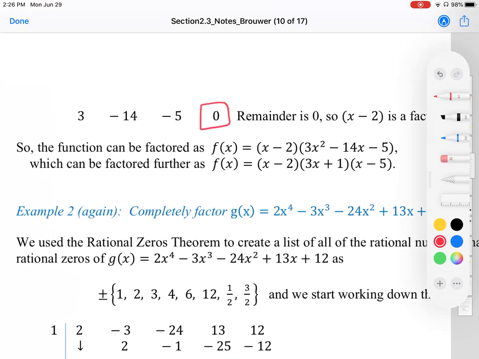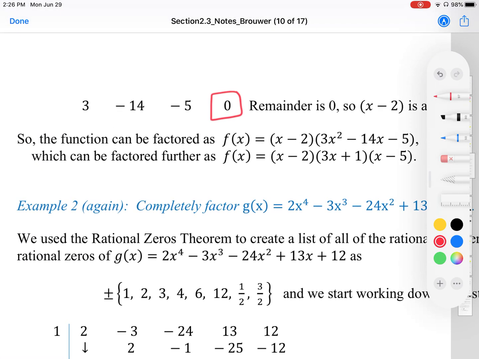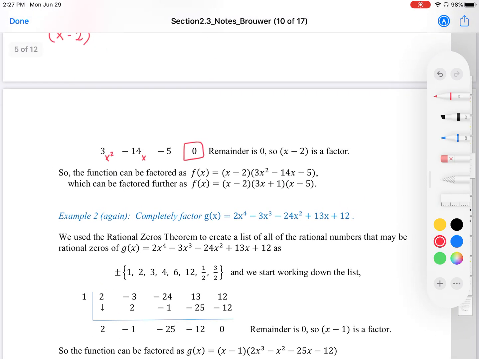So let's build our answer. Your last number has no x, and then one more x until you're done with your coefficients. So what we did is we have factored. So the function can be factored as this is our synthetic division and this is our answer, which can also be factored using our factoring rules to get 3x plus 1 and x minus 5.